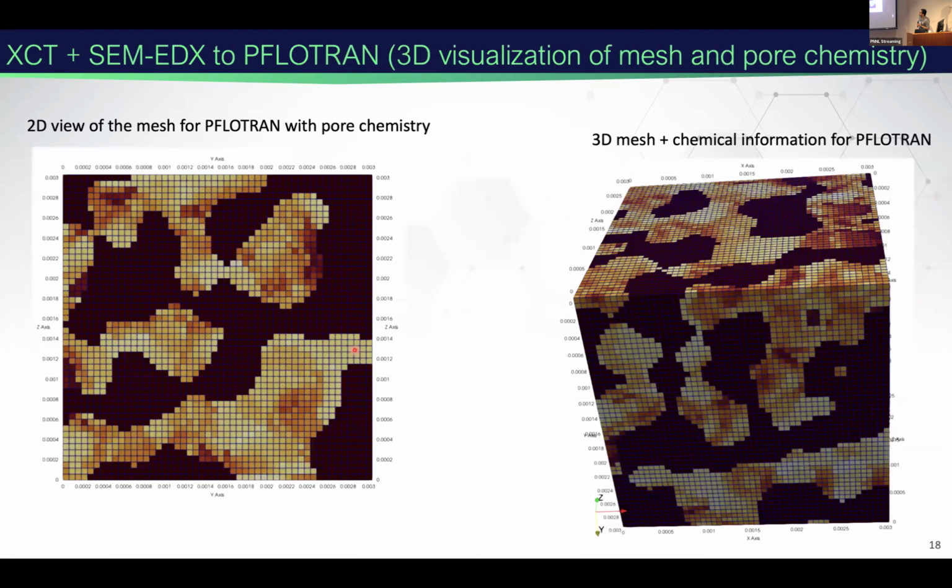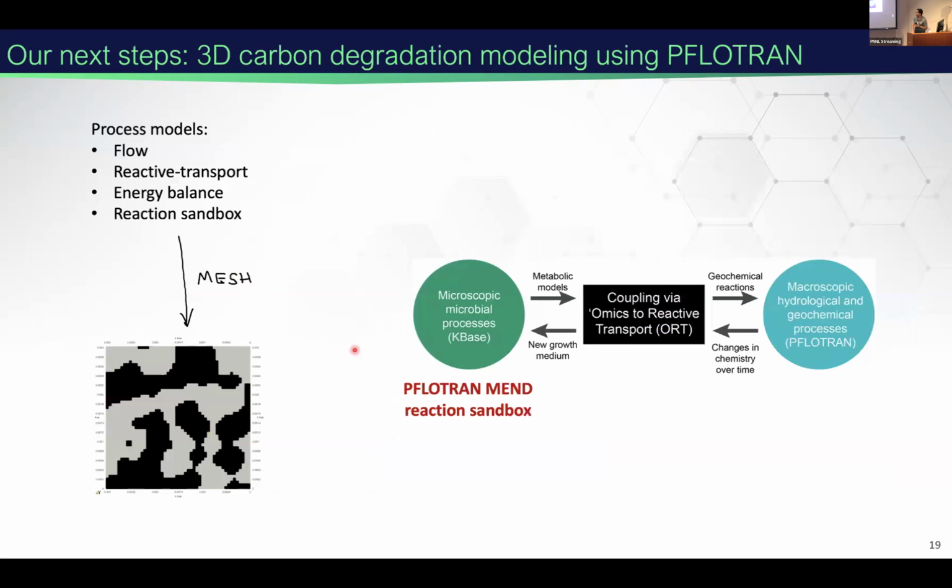Once we get that information, you mesh it up and use that as information for the PFLOTRAN modeling. This is the main part. Once we mesh it up and create a 3D cube of various pixels, we can use PFLOTRAN capabilities to better model the flow and transport and how the pore carbon or elemental information is being flushed out. We can use those process models to create a really good comprehensive picture of how the flow happens.